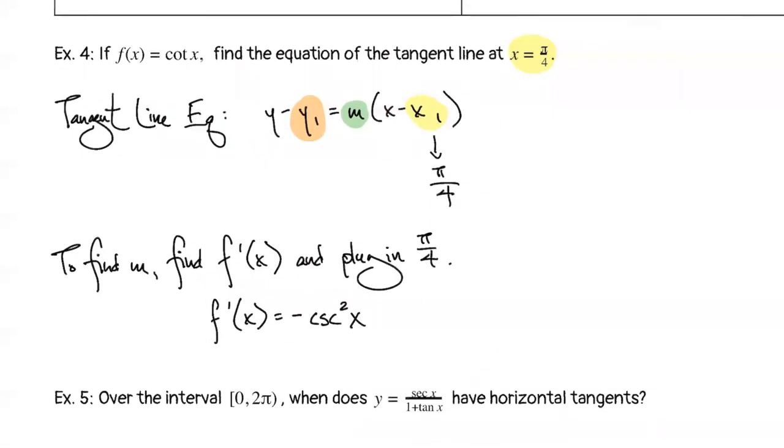Now, it might be nice to rewrite this before we plug in our number. What I mean by that is this is the same as negative cosecant x squared. Okay. And I think this way is a little easier to plug in the values that we want.